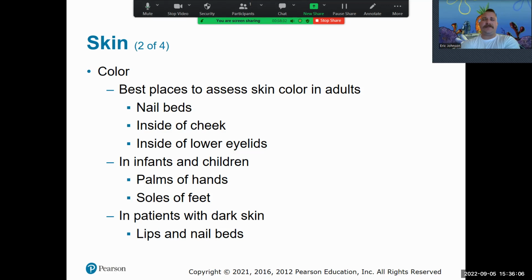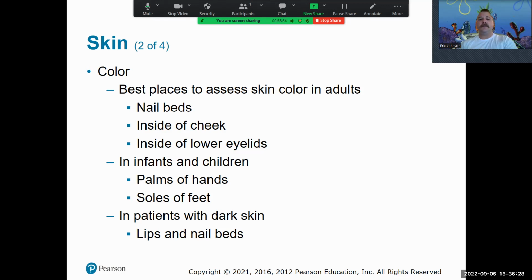Areas where you might not get it as effectively are aspects of the skin that are more readily exposed to the sun, covered by clothing, or generally more weathered. So top of the hands, arms, legs, anything covered by clothing. So look at the face, look at the inside of the hands, at the bottom of the feet. That's really where I focus on adults.